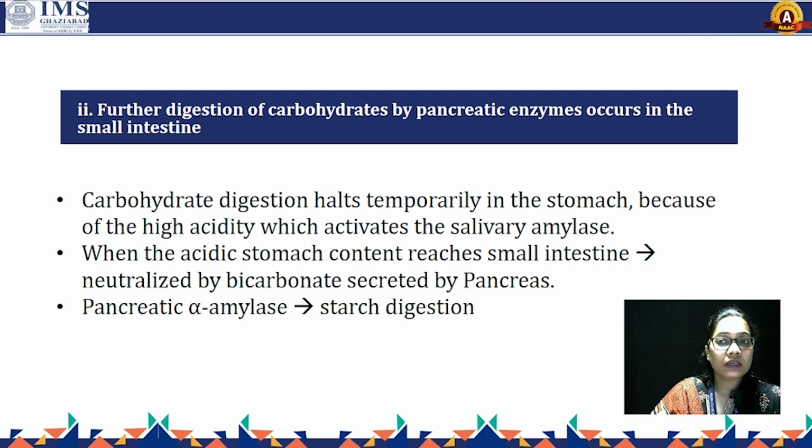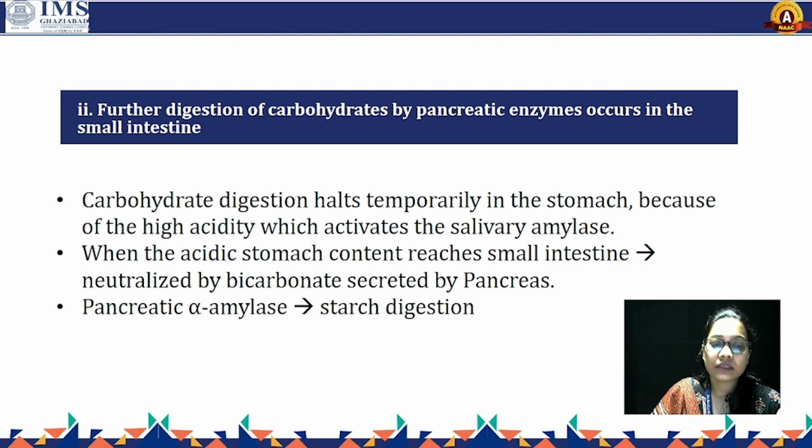Now we are starting here with the small intestine. Why not the stomach? Because our stomach has a highly acidic pH, and the enzymes, basically pancreatic and salivary alpha amylase, do not work in a highly acidic medium. That's why no digestion occurs in the stomach.